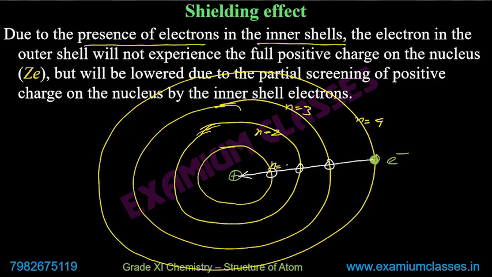Suppose here also. These electrons, which are in the way between the outermost electron and nucleus, these electrons actually reduce the force of attraction. These act as a shield between the outermost electron and nucleus.